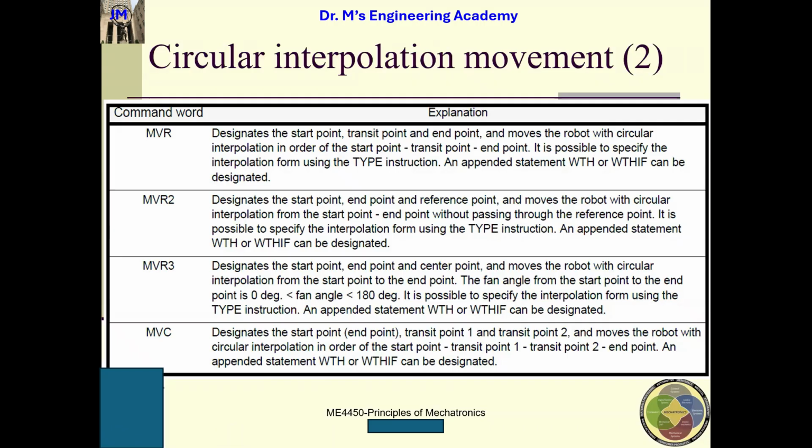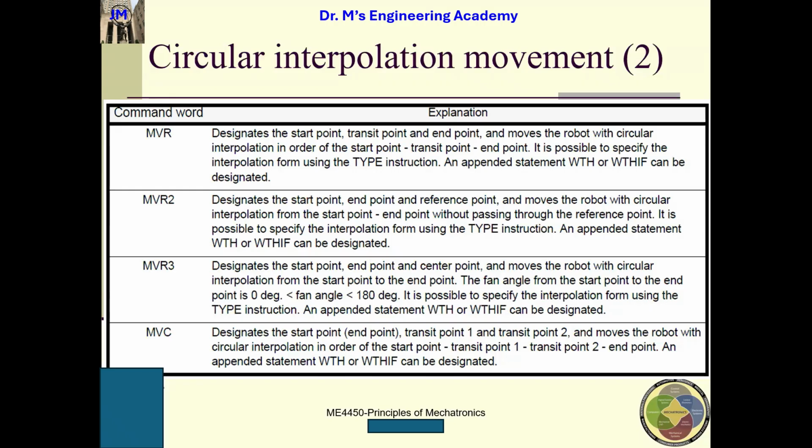We have a start point, transition point, and end point. As I said, if we have 3 independent points in a space, we can uniquely define a circle. Right, guys? So for MVR you need 3 different points. For MVR2, we have a start point, an end point, and then we specify a reference point.